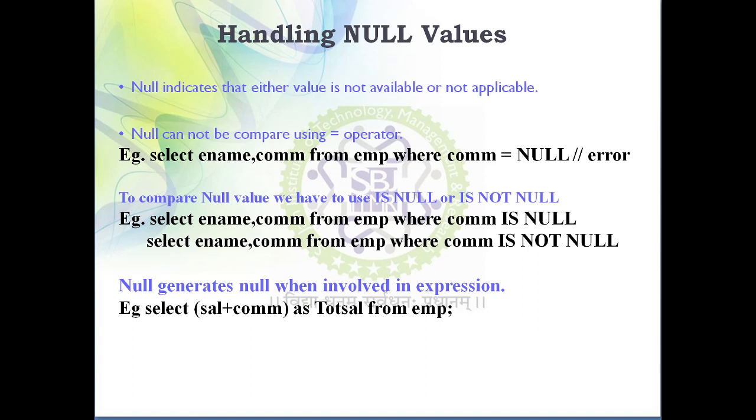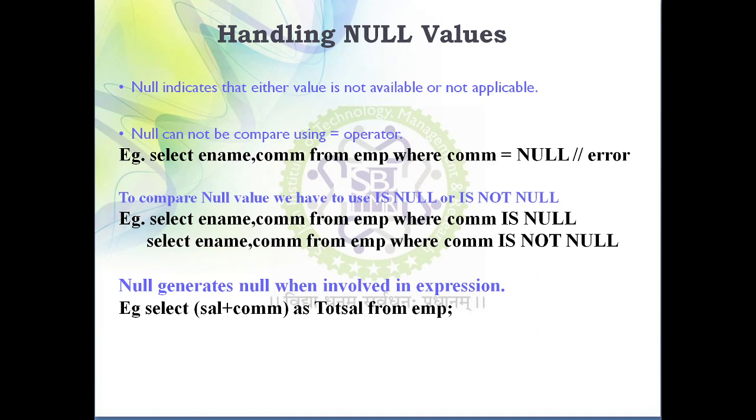Then one more thing you need to understand about null value is that null generates null. That means whenever you add any value to a null value, you will get a null value itself. That is an important thing you need to understand. Now I will give an example of how this point is important. Suppose I want to get the total salary of employees. I need to display the total salary given to every employee of the company.